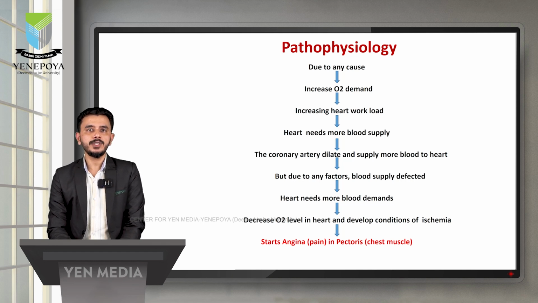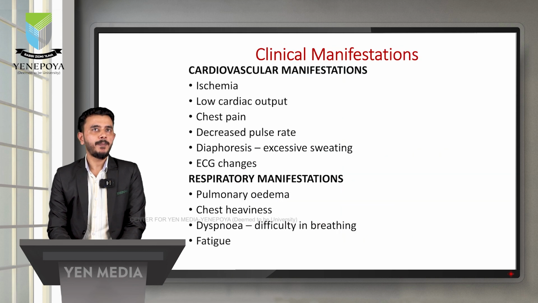The coronary arteries dilate and supply more blood to the heart. But due to some factors, blood supply is defective and the blood will not be circulated. The heart needs more blood, but the oxygen in the heart decreases and develops the condition of ischemia. Ischemia is known as a lack of oxygen. It starts pain in the chest muscle, that is known as angina pectoris.